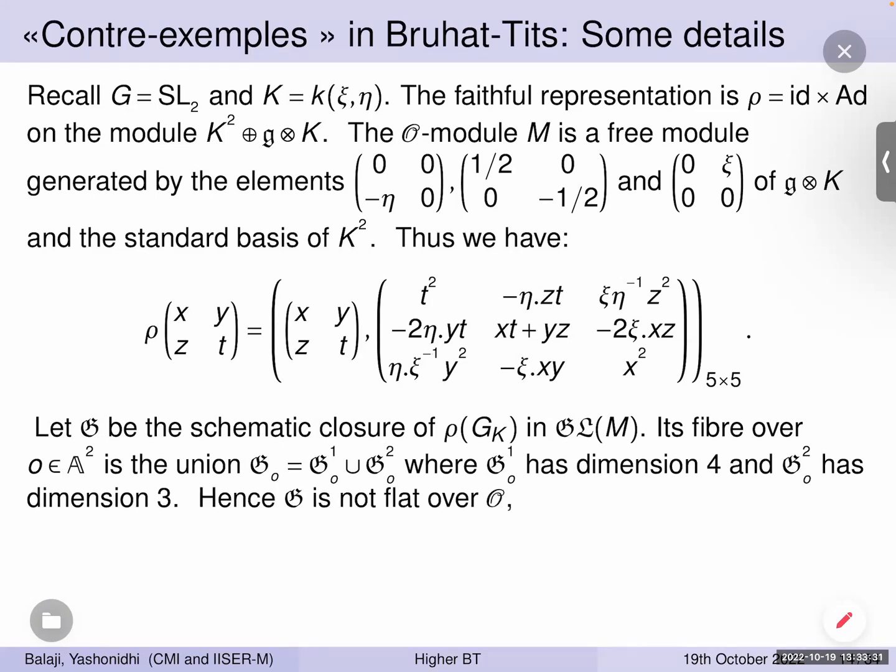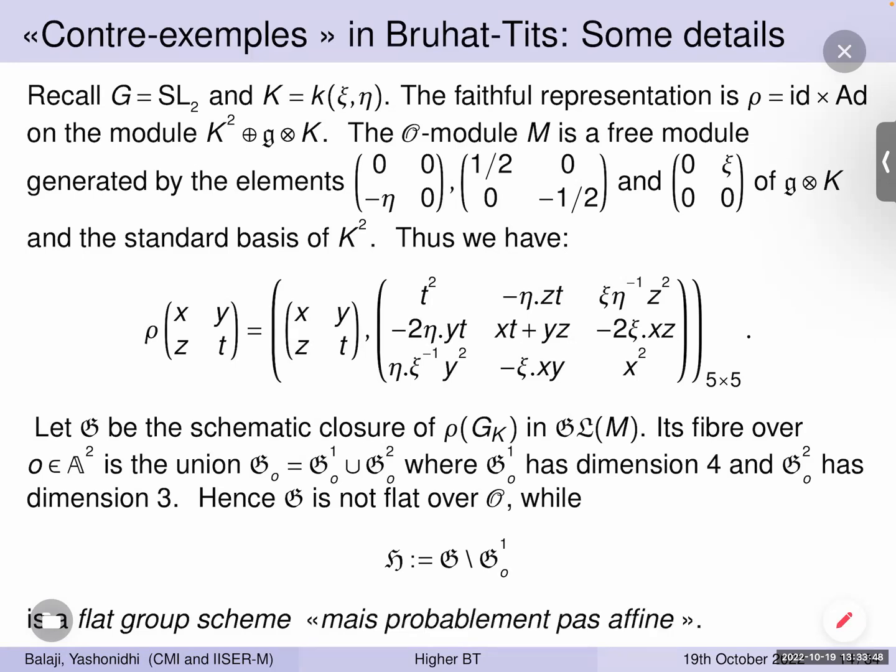Hence, G is not flat over O. While H, which is G from which we have taken out G01, is a flat group scheme. But in the words of Bruhat-Tits, mais probablement pas affine.